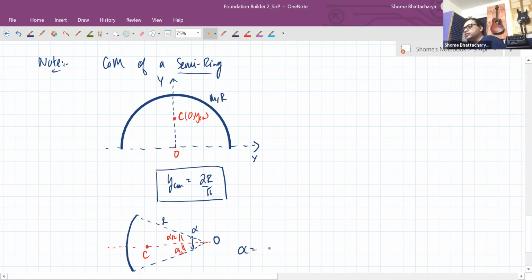If this radius is r, it is given by r sine alpha by 2 divided by alpha by 2. These are both derivations that we have done in the previous lecture.